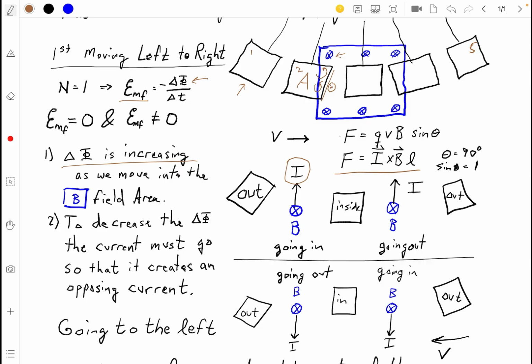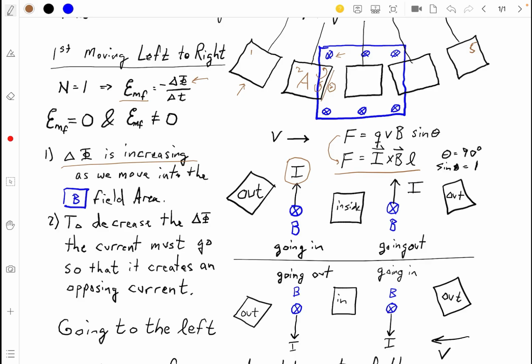I'm just taking Lorentz's law and turning it into this. Our force is I cross B, and then to get the right amount, you have to multiply by L, the length. So I cross B, fine. We do our right-hand rule: we put our fingers up the page, our palm facing toward us, and we curl our fingers toward the B field.